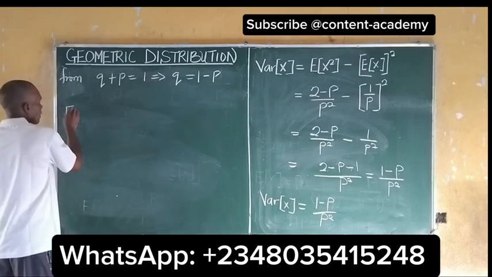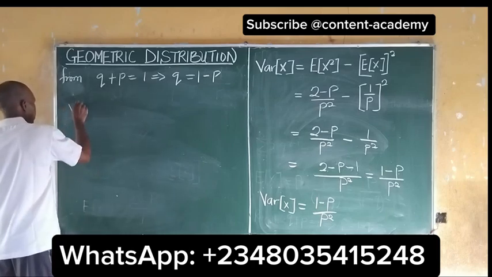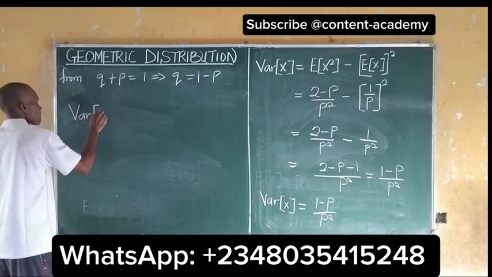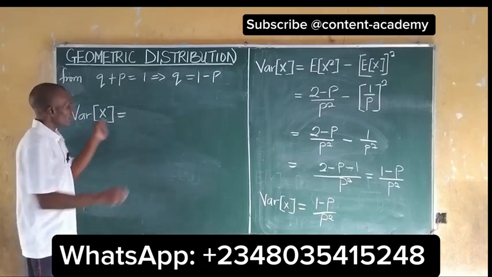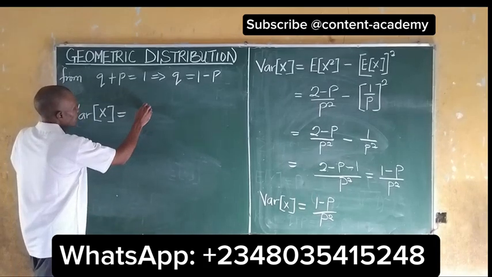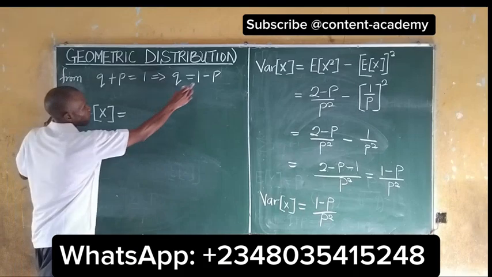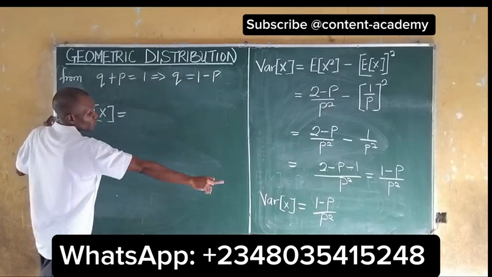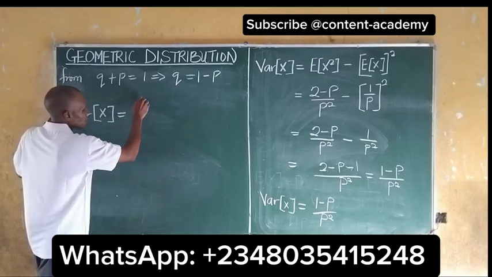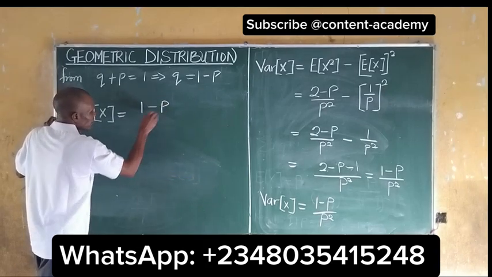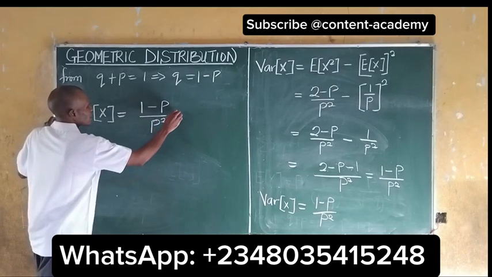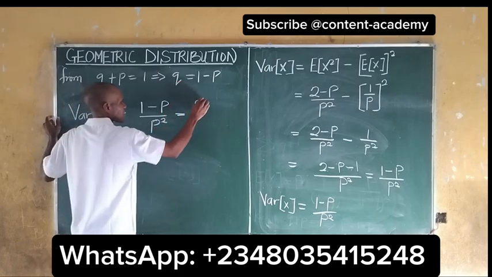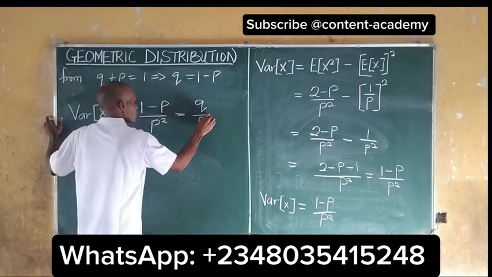So our variance of x can be written as: anywhere we see 1 minus p, we put q. 1 minus p all over p squared becomes q all over p squared.